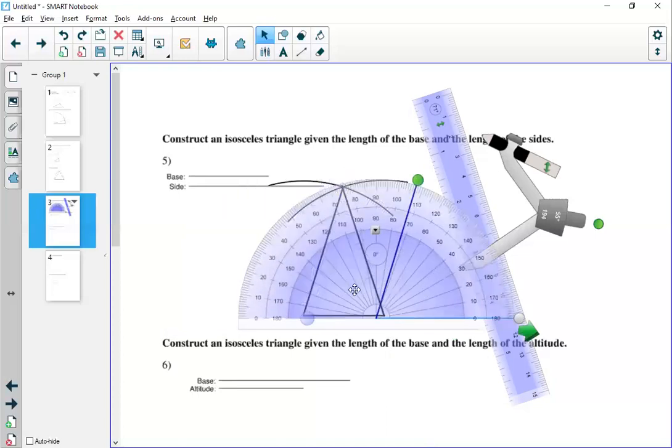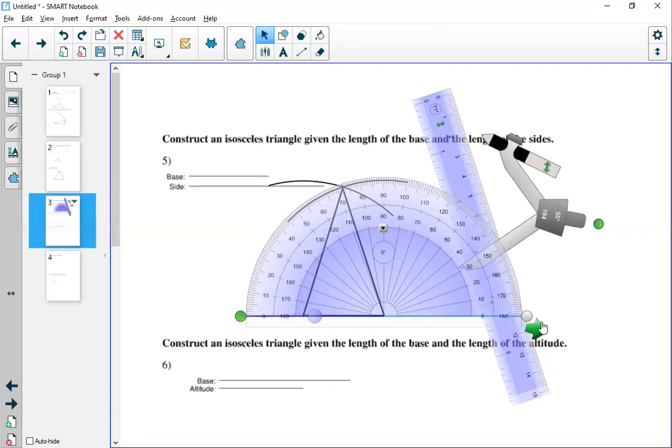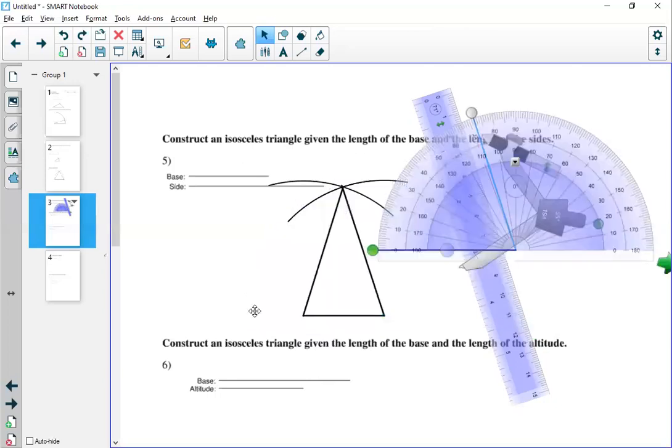Let's check if this is also 73 degrees, then we are good to go. So this is about 63. Okay, good. That is also 63 degrees. Yes, 63 degrees. So that means this construction is done correctly. So you see, that is easily done.